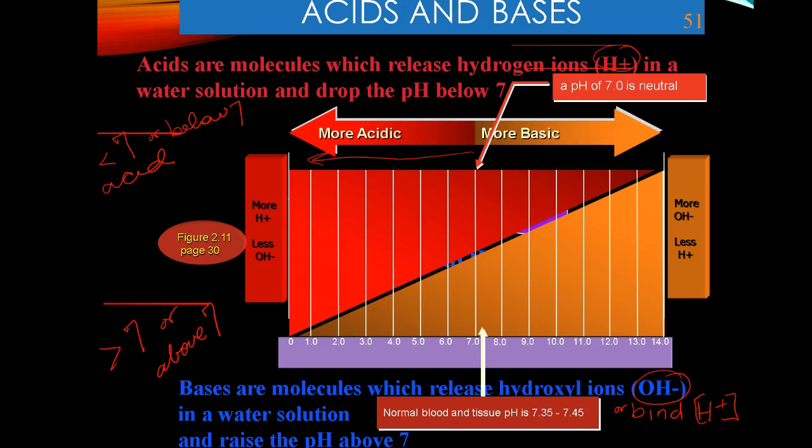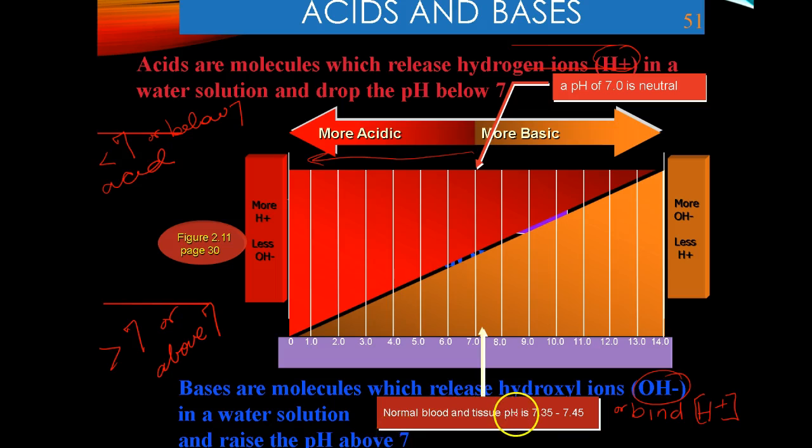One of the things I want to point out: if given a pH range, say for instance, this one is showing you the normal pH range of blood and tissue is 7.35 to 7.45. So what if you had a pH of 7.25? What would you consider that to be? Good. If you said that's still acidosis, you're correct.